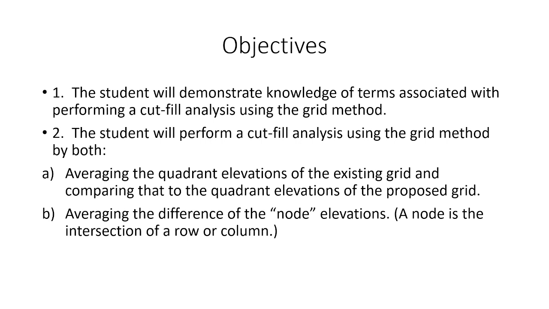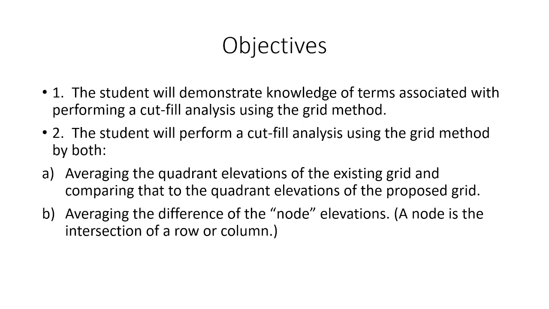You will take the elevations at each of these corners of the squares adjacent to each other. You will take the existing grid and compare that to the quadrant elevations of the proposed grid.